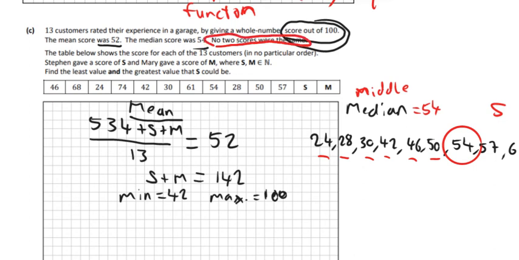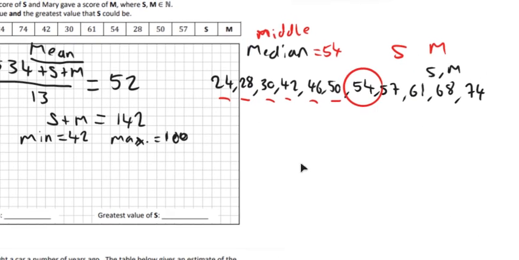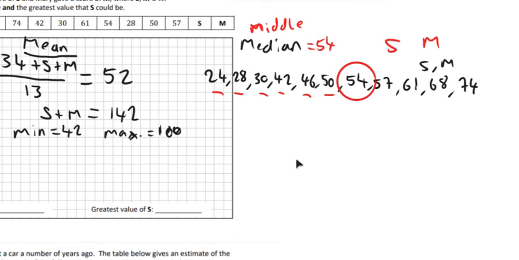No two scores were the same. So if it can't be 54, if it was 53 for example, it would actually change what the median is, so we can't have it change because we know that the median is 54, so it has to be 55. So, well, or it doesn't have to be, that's the lowest it could be. So that's the lowest S could be. So the minimum of S equals 55. Now that's just taking into account the median.